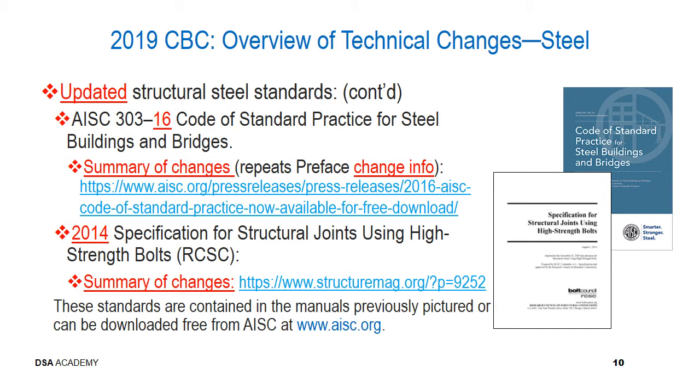There's also now a 2014 compared to 2009 version of the specification for structural joints using high-strength bolts, and that's often referred to as the RCSC because that's put out by the Research Council for Structural Connections. A summary of changes is provided in the link there. These standards are also contained in the manuals previously pictured above and can be downloaded from AISC's website.